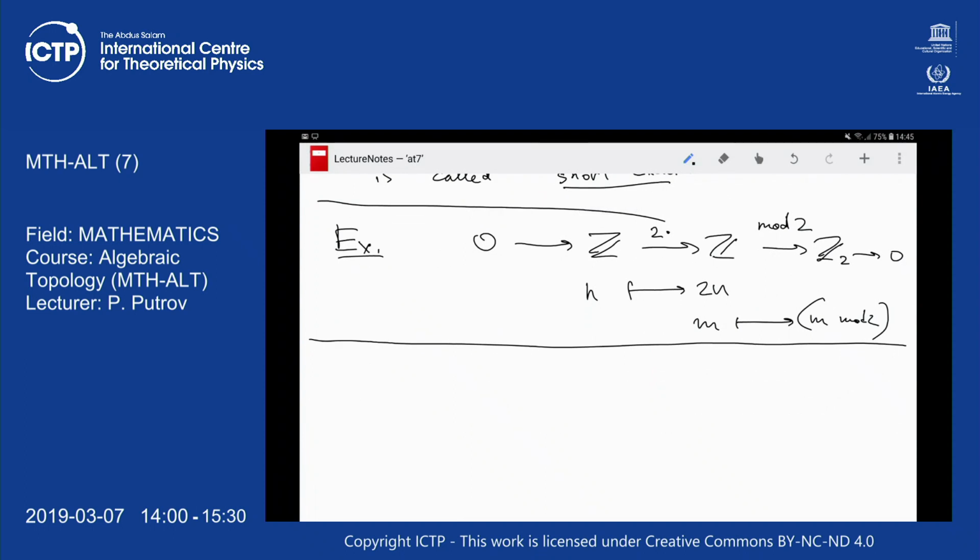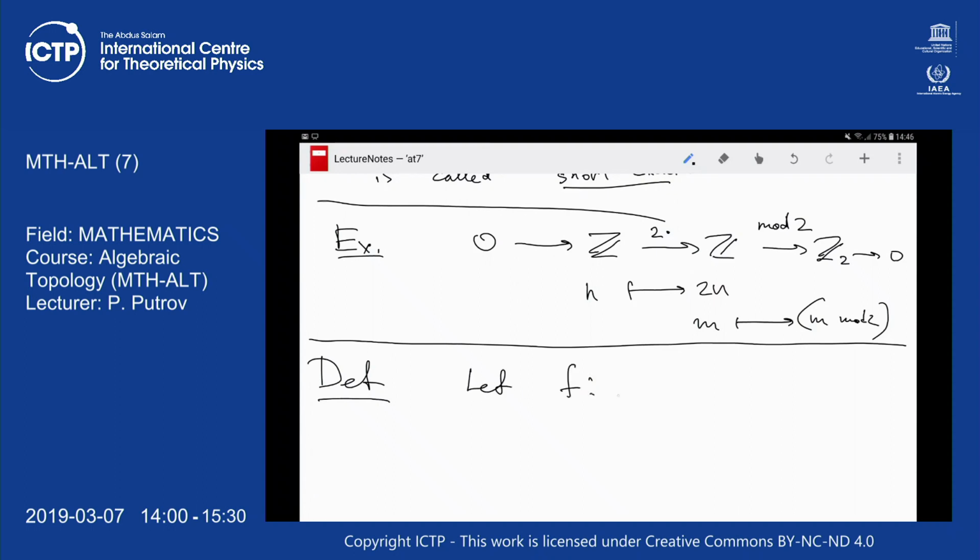But before that, let me introduce another definition. Again, we want to study some properties. We defined homology and showed what the homology is in some basic cases. Now we want to show some other properties of homology.